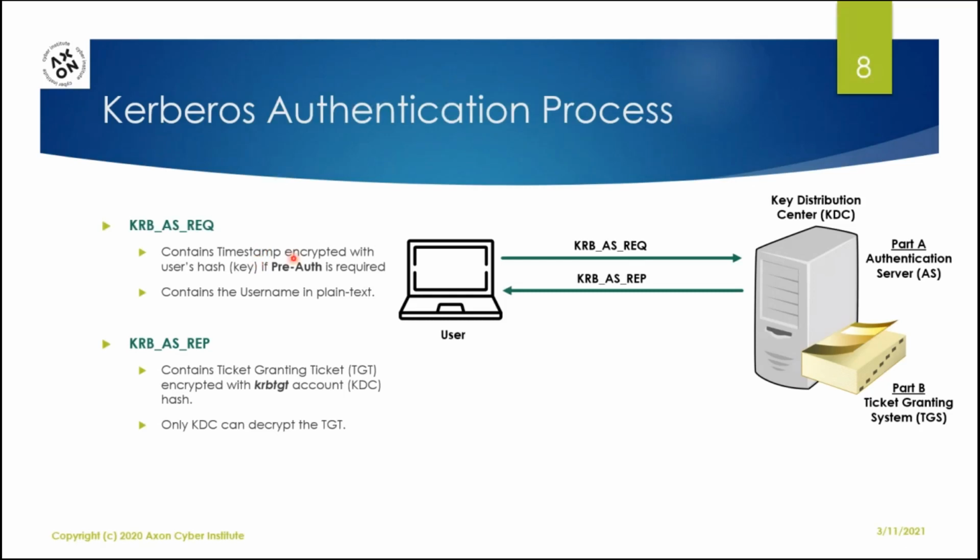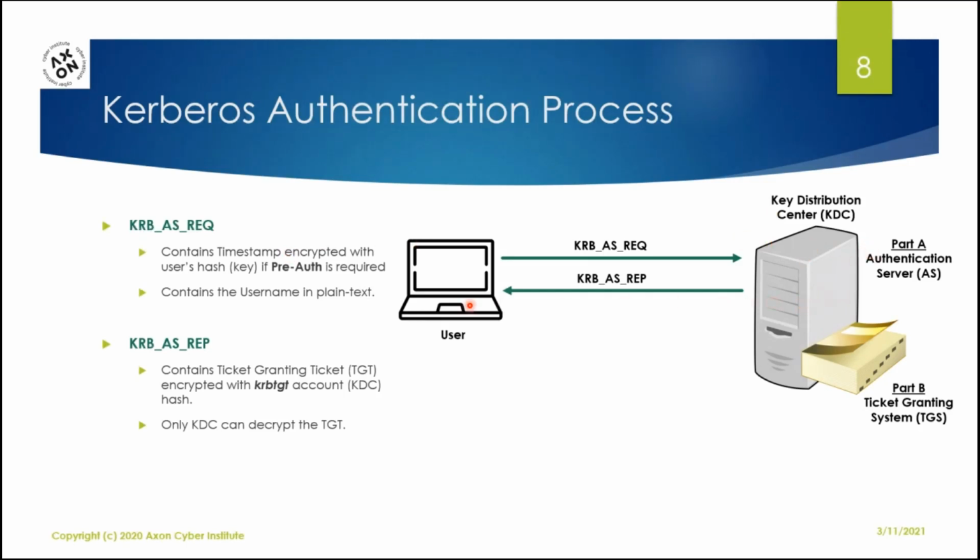A timestamp is going to be encrypted using your own password hash. This is the default behavior in Microsoft Kerberos, except in certain situations, which we're going to talk about. So you encrypt the timestamp using the hash of your password, include your username, and submit it to the key distribution center. Once it verifies it can decrypt the timestamp, then you have the correct password.